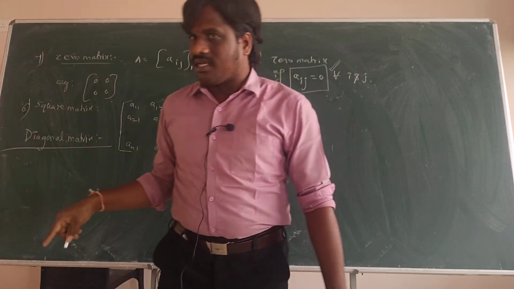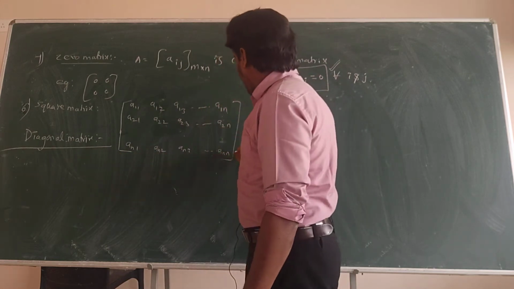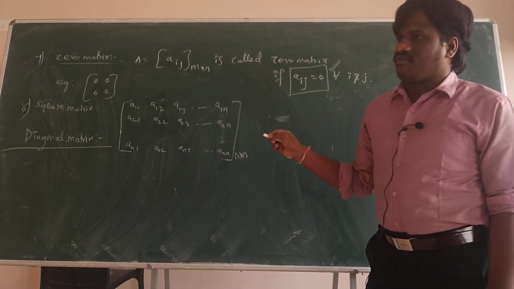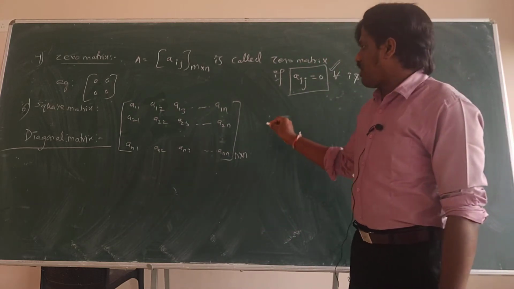The number of rows and the number of columns are both equal, meaning n cross n. If a matrix has an equal number of rows and columns, it is called a square matrix.